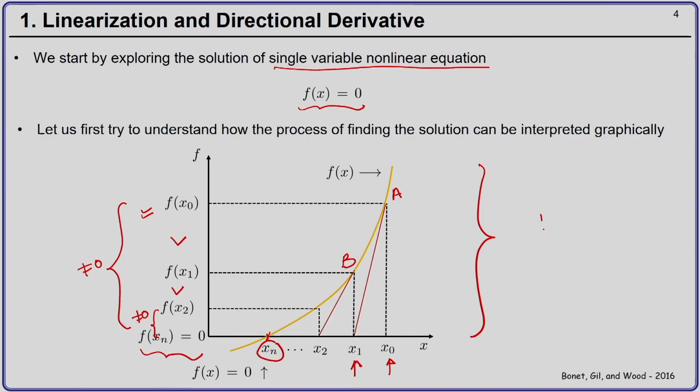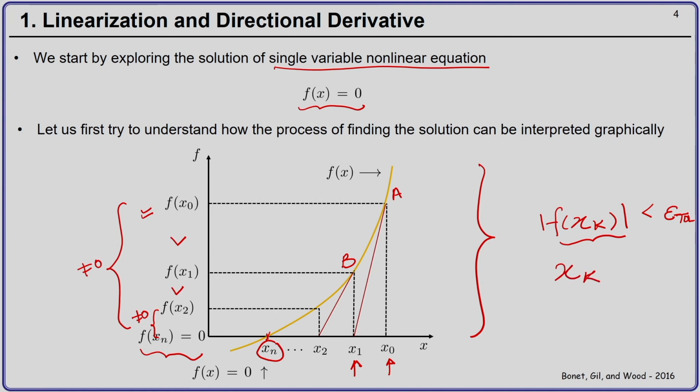We say that whenever the magnitude of f of x k becomes less than some value epsilon tol, where tol is for tolerance, that is, when the magnitude of the function at the kth point x k is less than our specified tolerance, we say that our solution is x k. This tolerance has to be given by the user who is using this procedure.